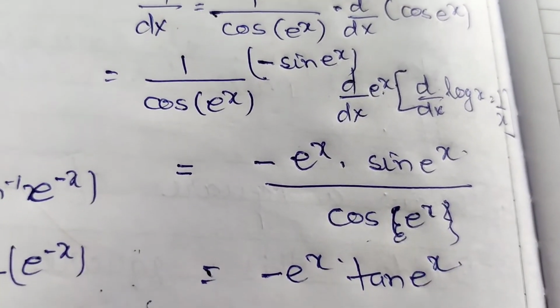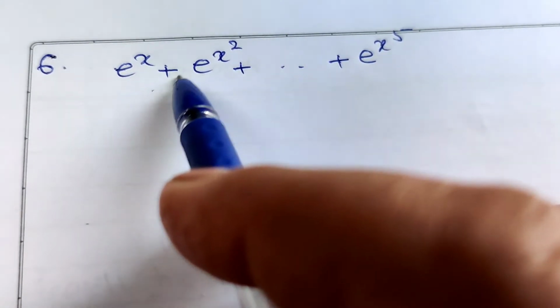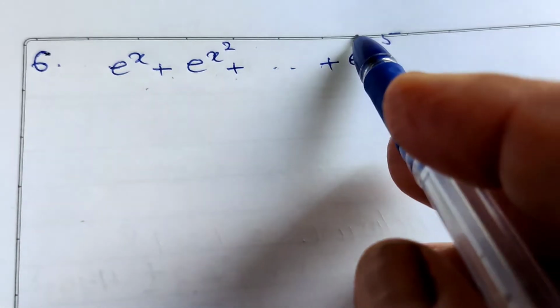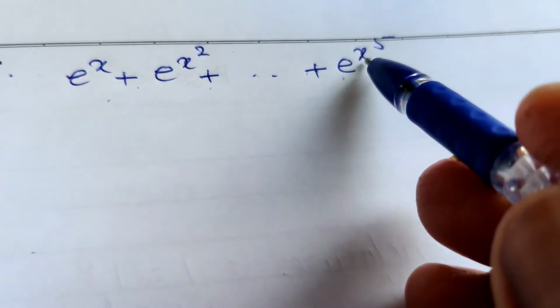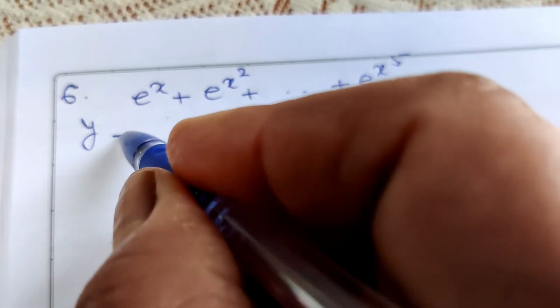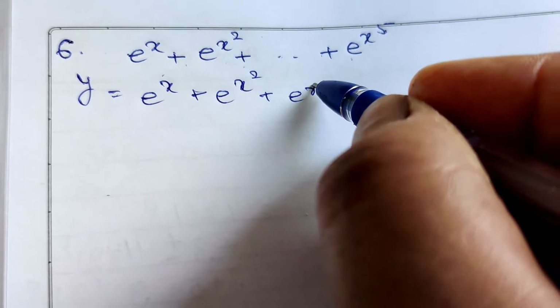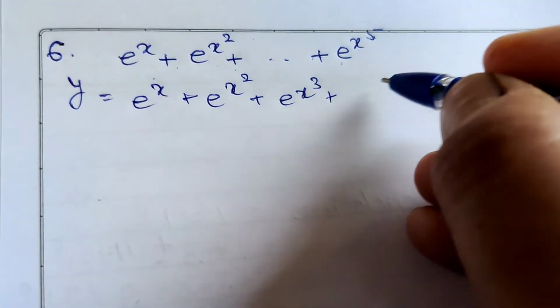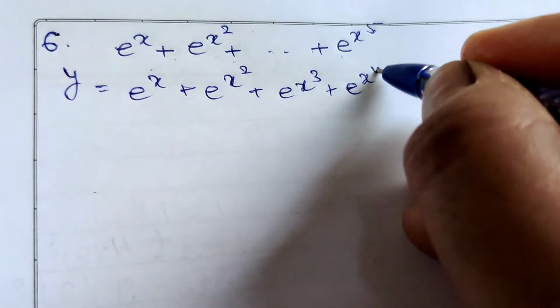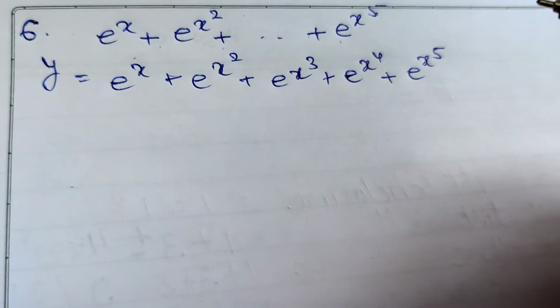Question number 6. The next question is e raised to power x plus e raised to power x square plus e raised to power x cube and so on up to e raised to power x raised to power 5. Now we can write y equal to e raised to power x plus e raised to power x square plus e raised to power x cube plus e raised to power x raised to power 4 and e raised to power x raised to power 5.